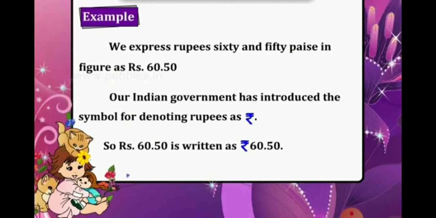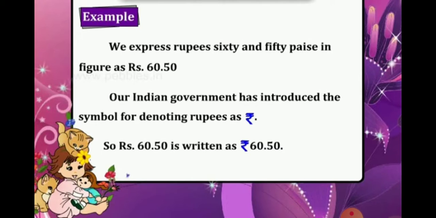So here we can see we express rupees 60 and 50 paise in figures as rupees 60.50. Our Indian government has introduced the symbol for denoting rupees as you can see here. So rupees 60.50 is written as rupees 60.50, you can see here with the symbol.